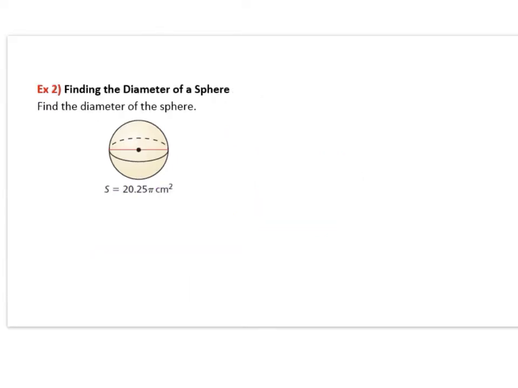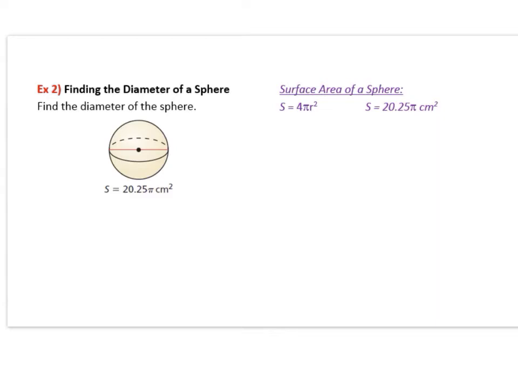All right, example 2, find the diameter of the sphere. So here we know that the surface area is 20.25 pi. Again, start with your master formula in your workspace. So surface area equals 4 pi r squared. And then a sidebar note listing all your parts. We know the surface area is 20.25 pi, which in other words is exact.